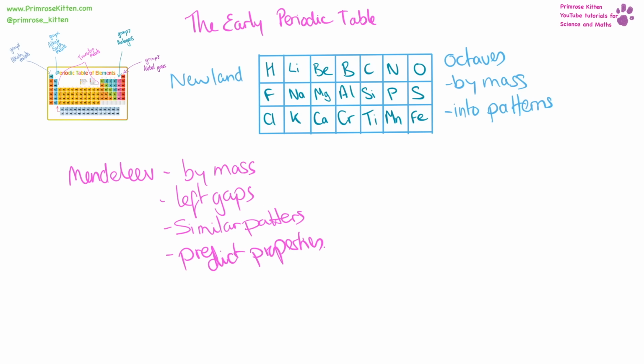A few years after he developed his periodic table, a couple of new elements were discovered, and they fitted really, really neatly into his periodic table. So his table was accepted.